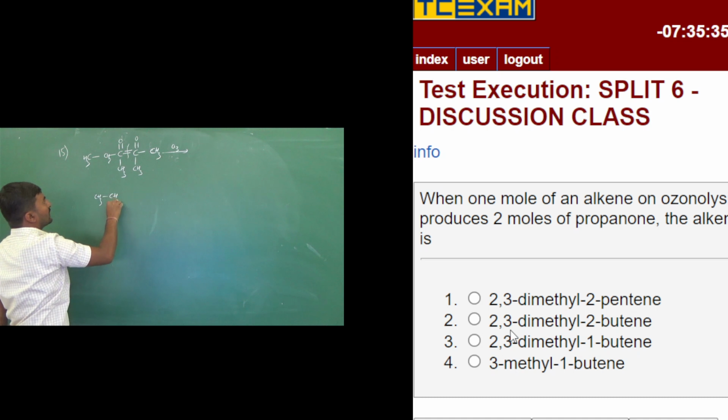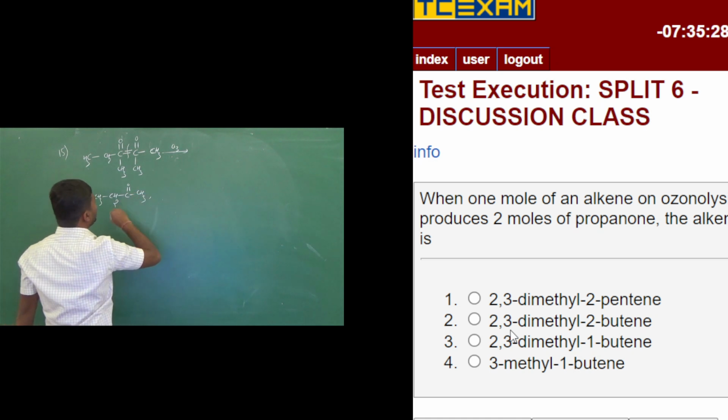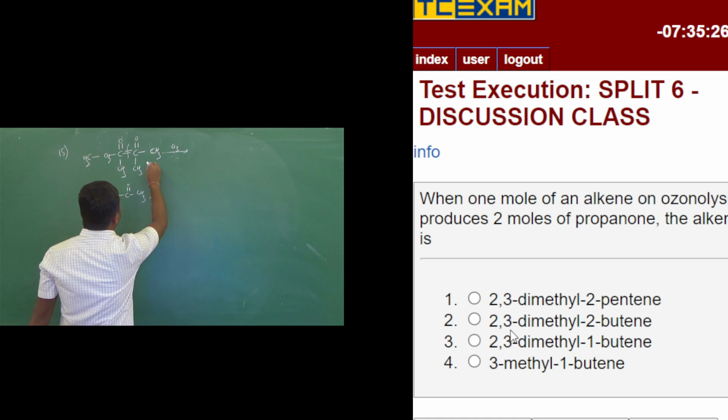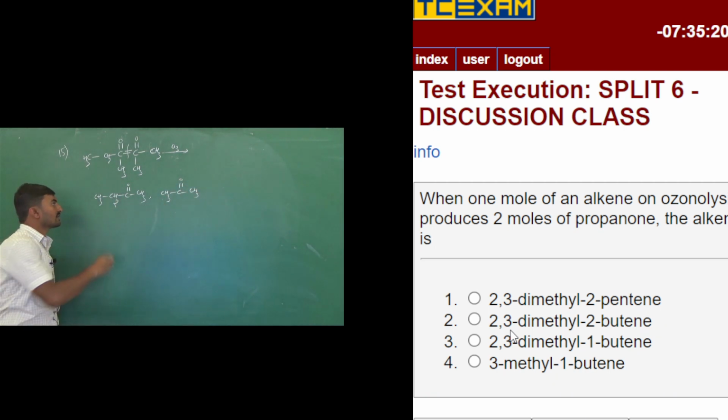CH3, CH2 followed by C double bond O, CH3. One is butanone, another one is CH3, C double bond O, CH3, propanone. So this is wrong.